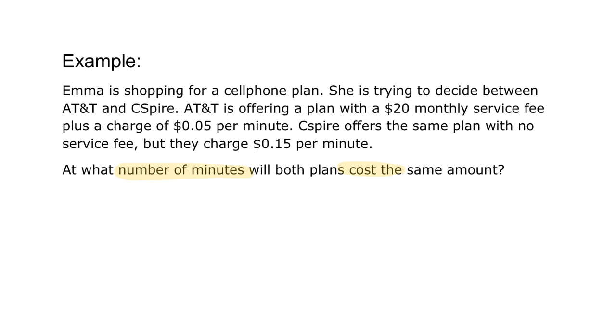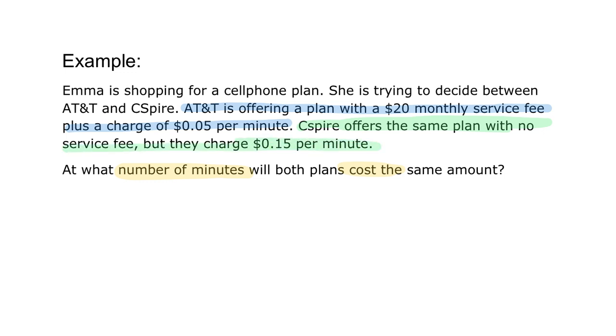Again, to decide which is which, first look and see if there's a slope. So if you go back up there to the problem and you read, we've got information about AT&T and we have information about C Spire. So we're really going to have an equation for AT&T, and then we're going to have a second equation for C Spire.